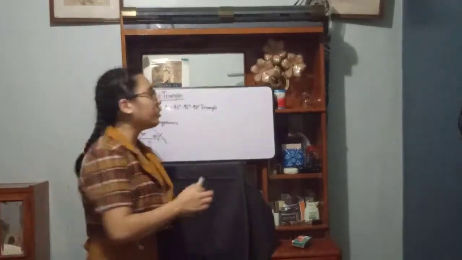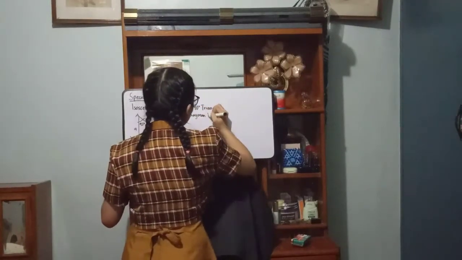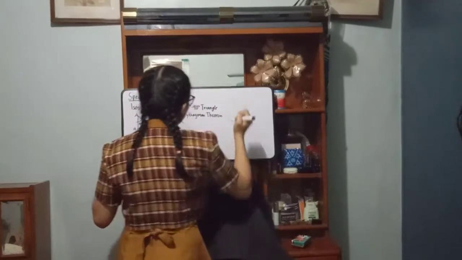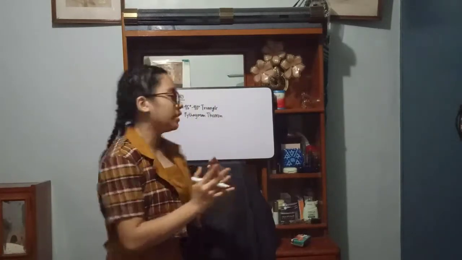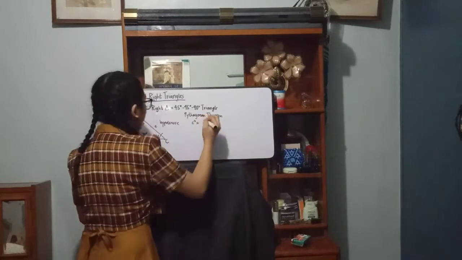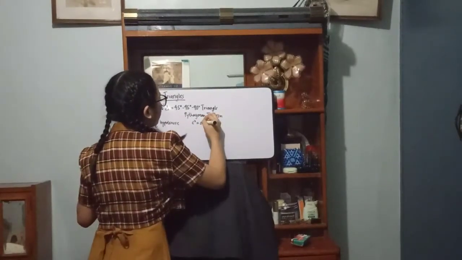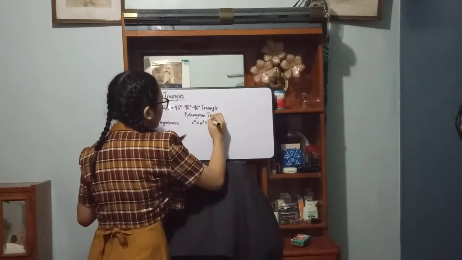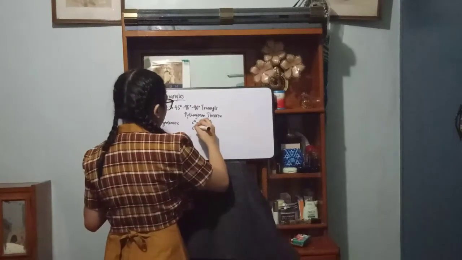Based on the Pythagorean theorem, the square of the hypotenuse is equal to the sum of the squares of its two legs. So our hypotenuse here is c. c squared is equal to the legs a squared plus a squared. So a squared plus a squared would be 2a squared.